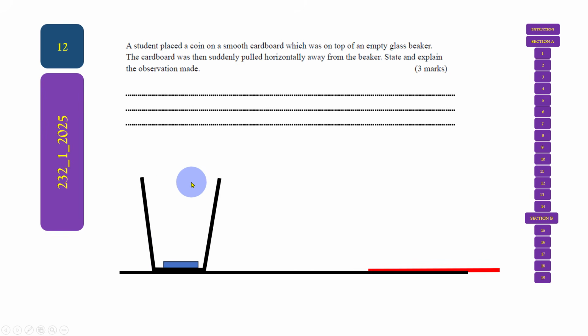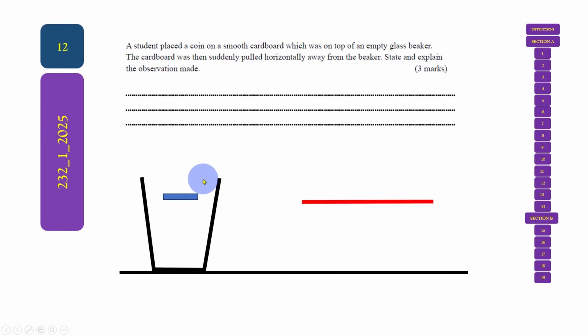This is about inertia. It's about Newton's first law of motion. So this coin had a tendency to remain at rest. So when this card was suddenly pushed horizontally, there was no time for the resistance between the coin and the cardboard to act. So since there was no horizontal force, this coin could not move. It's got a tendency to remain where it was, all right?